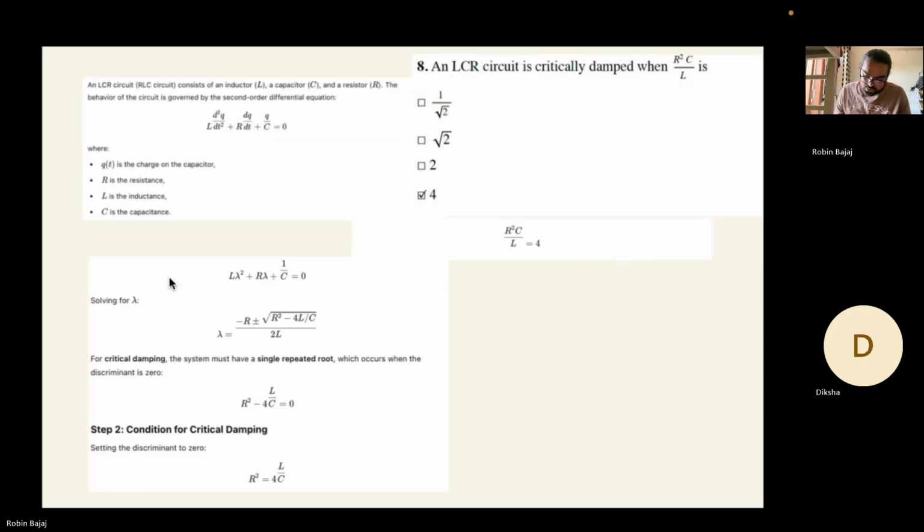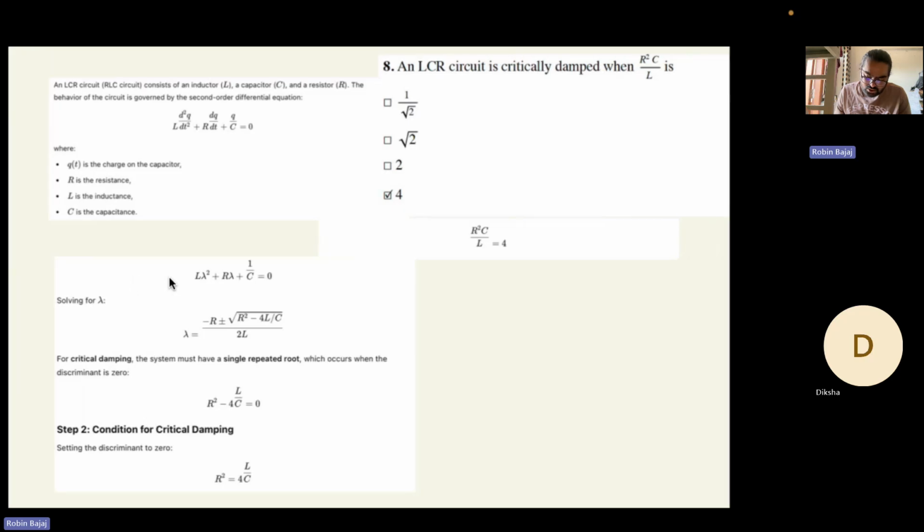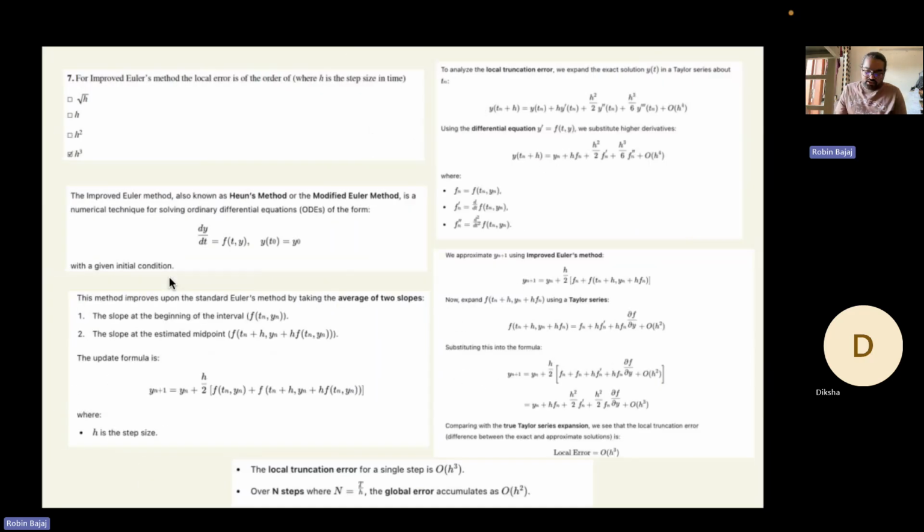Right. Now let's do some theoretical problems. These were all the computational ones. Now let's do some theoretical problems like this. So this question is about the improved Euler method, how is your local error in terms of the step size?